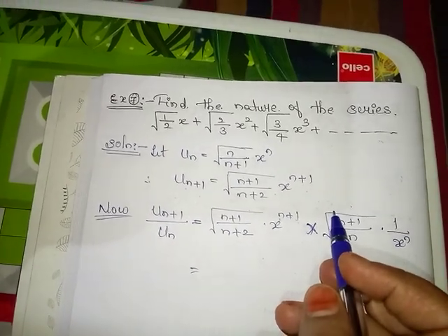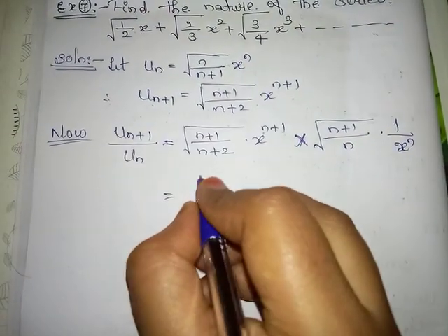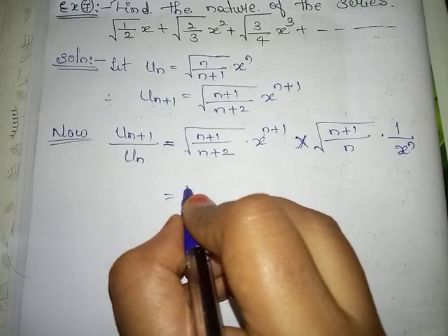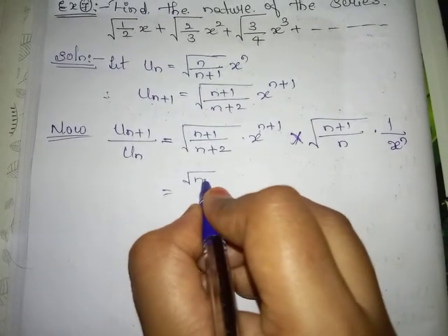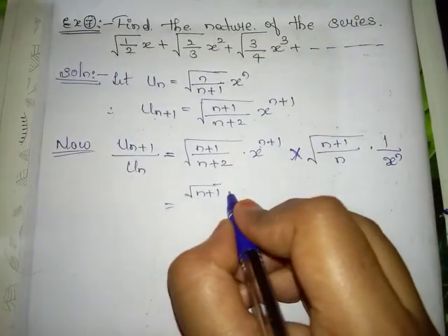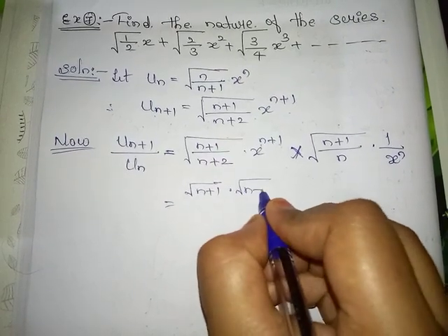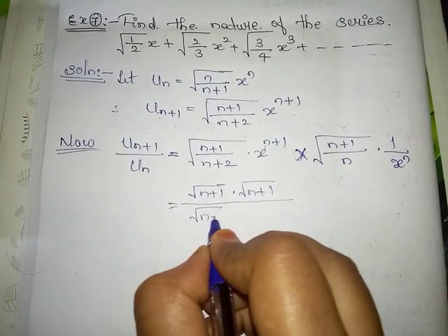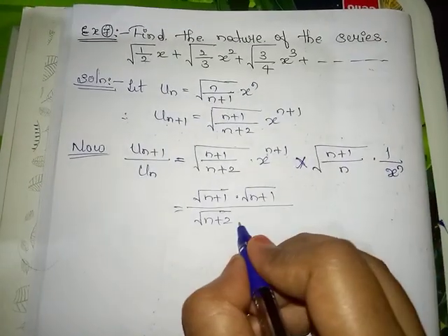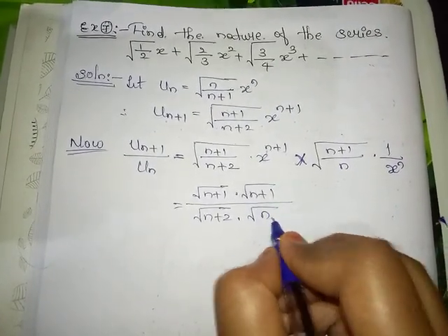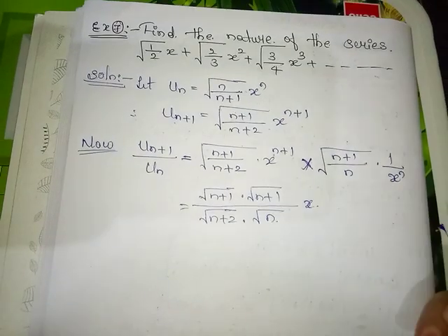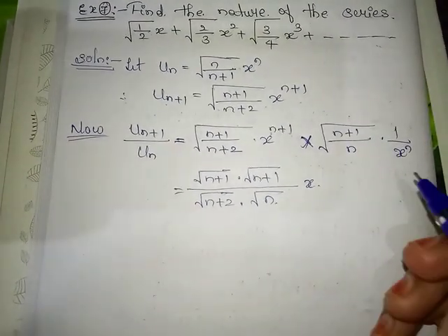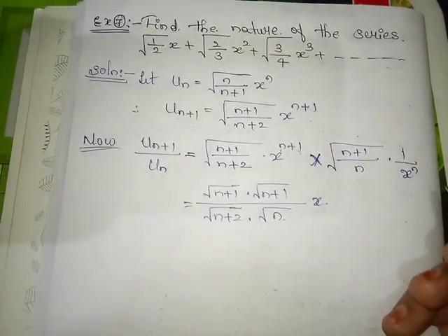For easier calculation, I will write these terms as square root of n plus 1 into square root of n plus 1 divided by square root of n plus 2 into square root of n into x. Okay, we know that root n into root n is n.